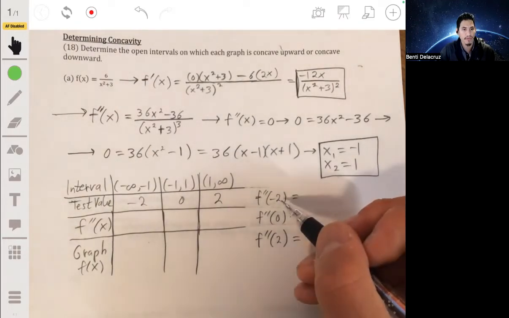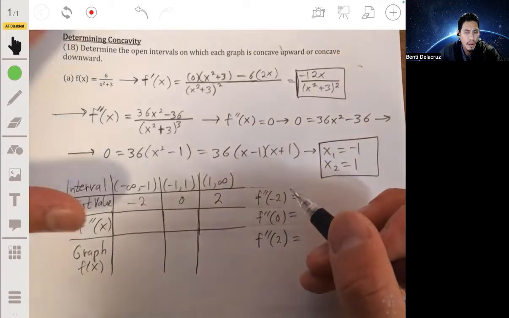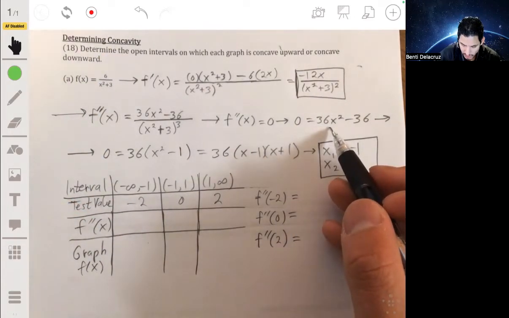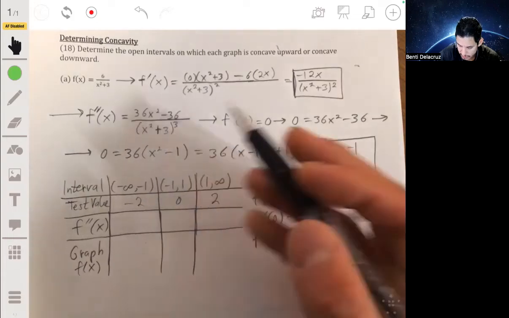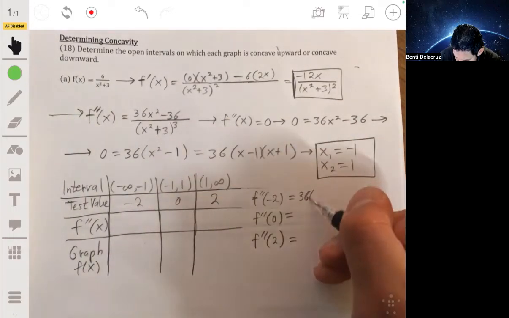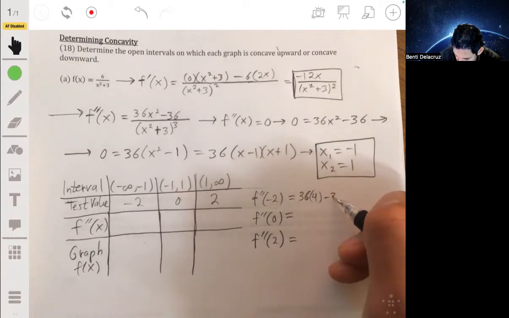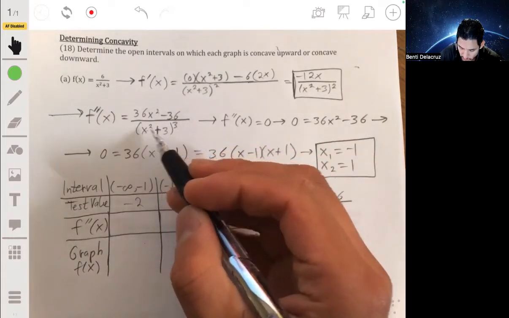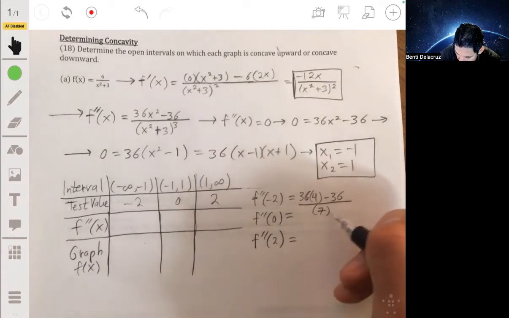So for f double prime of -2, we plug -2 in. We're going to have 36 times -2 squared, so 36 times 4, minus 36, over -2 squared plus 3, so over 7 cubed.